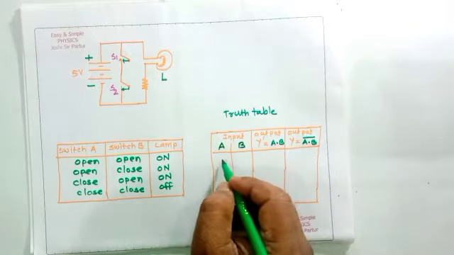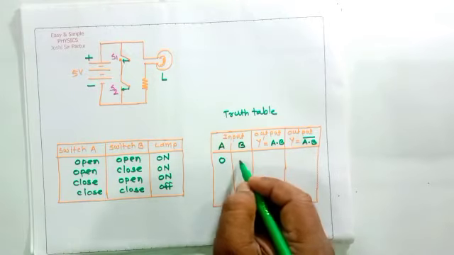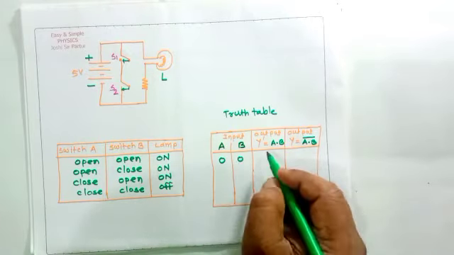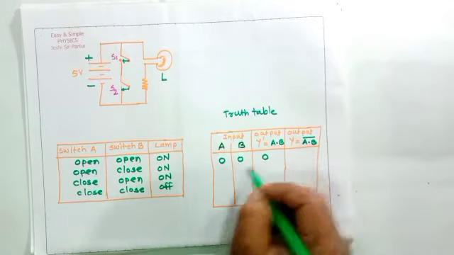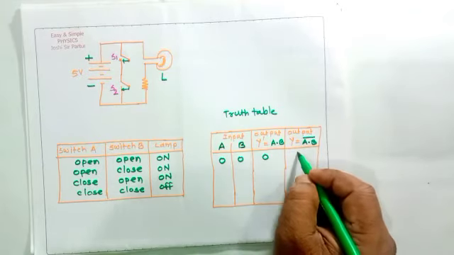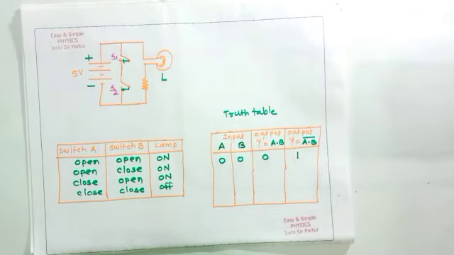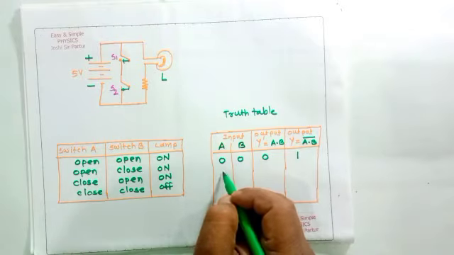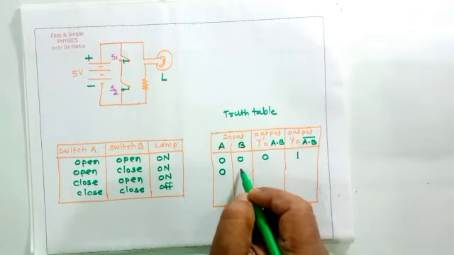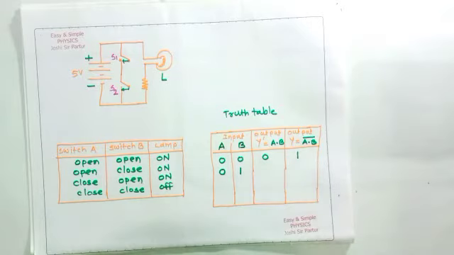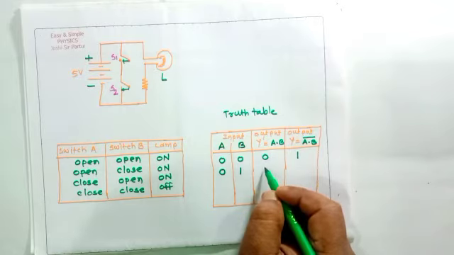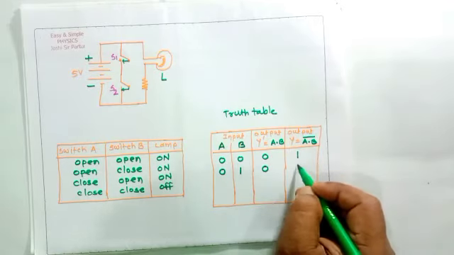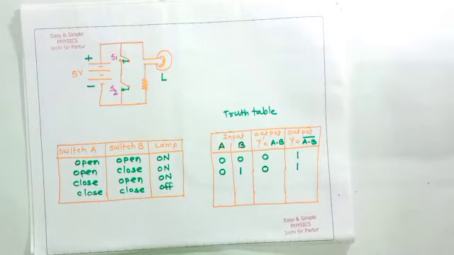So when both inputs are low, output Y dash will be low and its complement Y will be high. If input A is low and input B is high, then output Y dash will be low and its complement will be high.